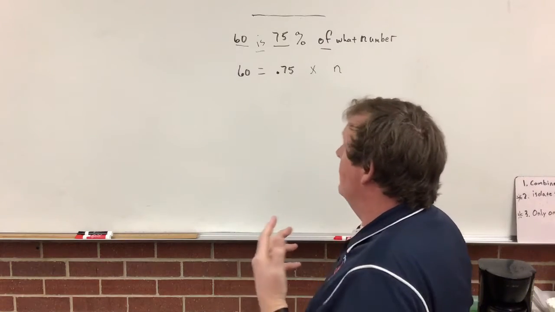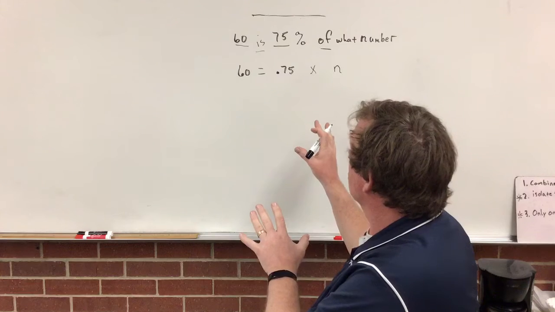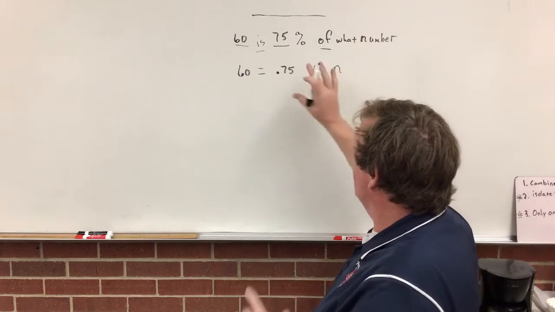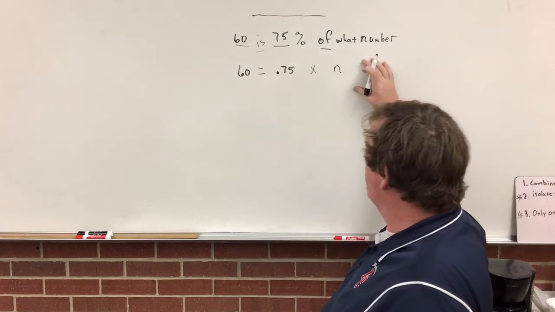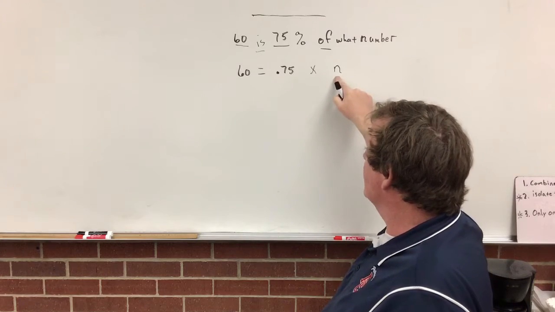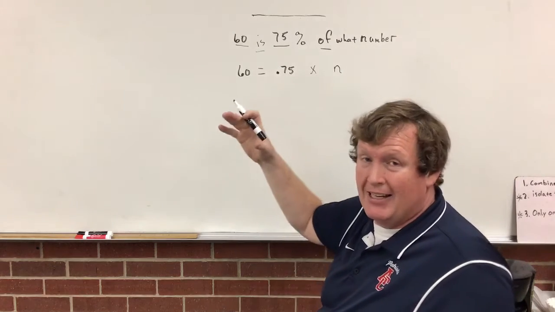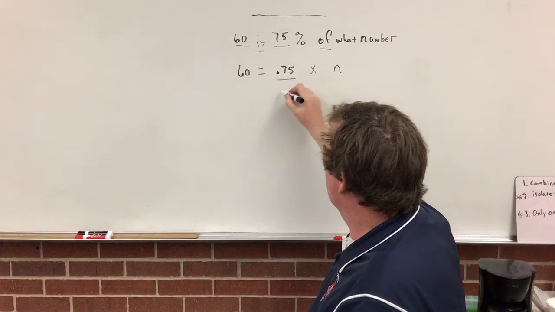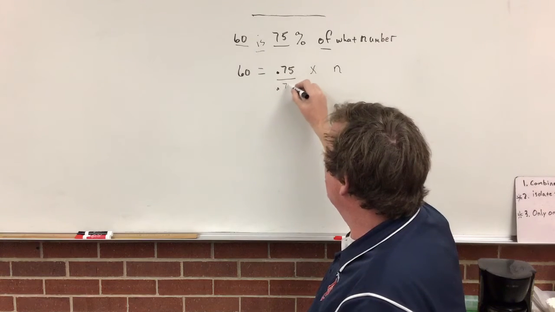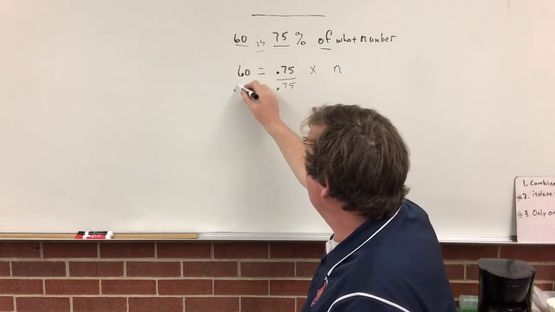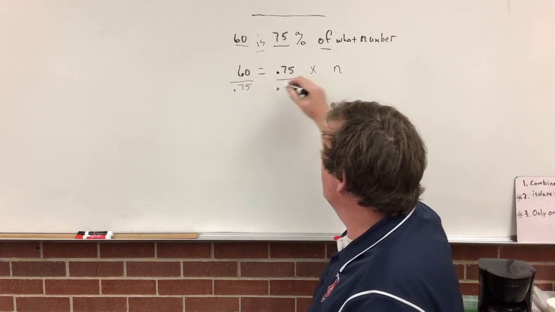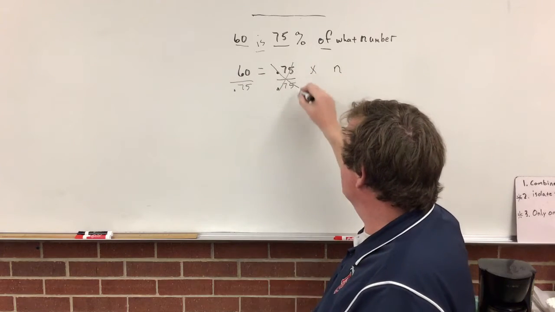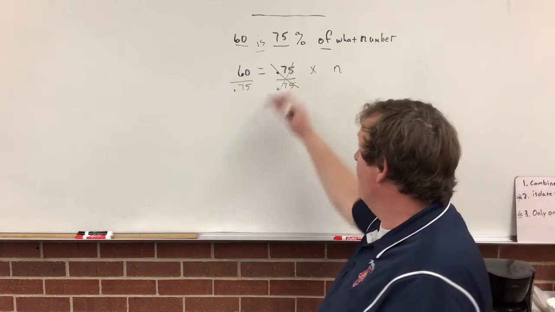So if you think about it, my answer should be bigger than 60. Just a little bit bigger than 60, because 75% is a lot of some number, right? Okay, so let's figure out how we do this. The way I do it is I think about this number sentence. How do I isolate n? We divide by the number next to the letter and cancel that out. That becomes 1.